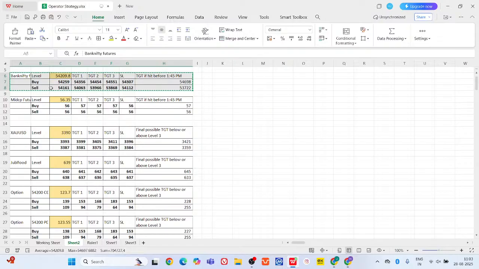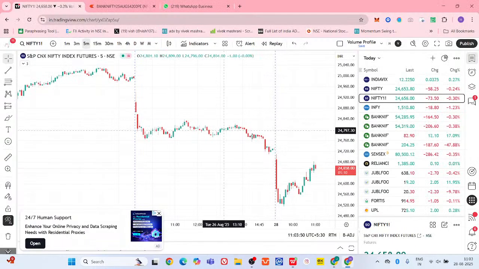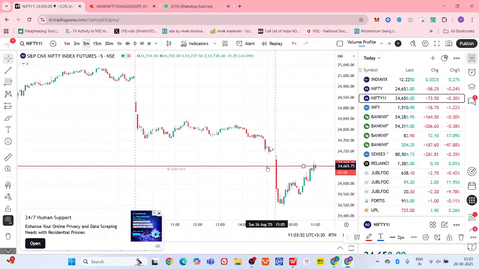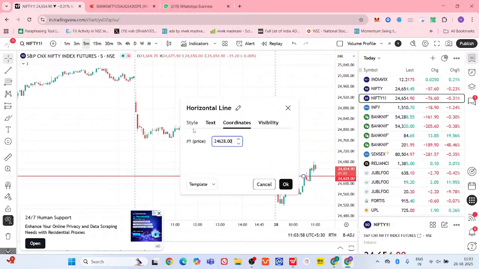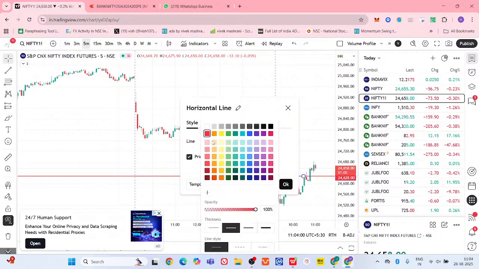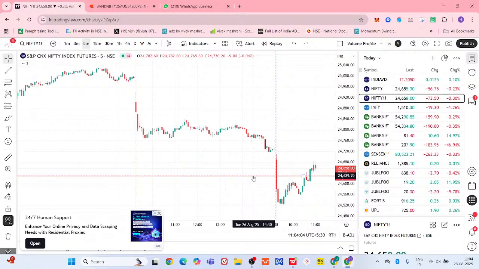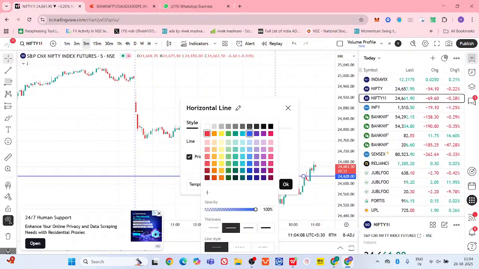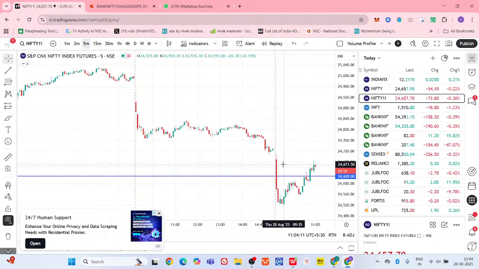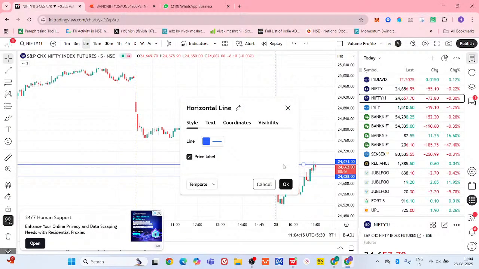What is Nifty? 24,628, 672. Okay, 628, and 672 is the next target.